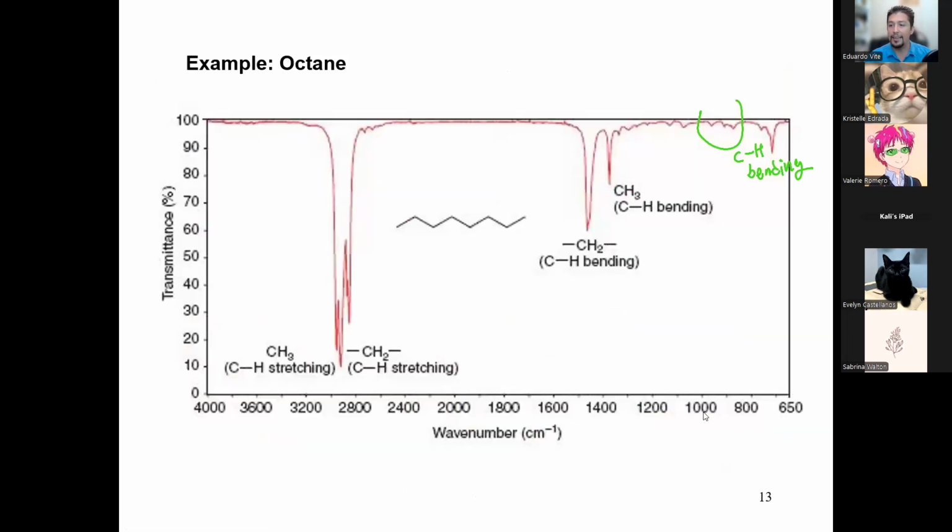So here's octane, plain old boring alkane. So what do we see here? Well, again, take a look at the higher wave numbers first. So look at between 2800 and 3000. You see the stalactites are showing up already once again. So this is your CH3 stretching. Octane is all sp3 carbons.